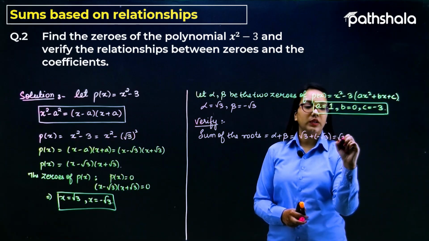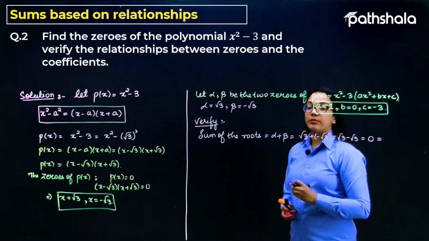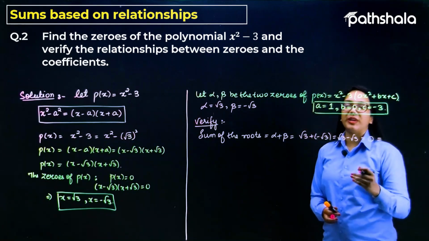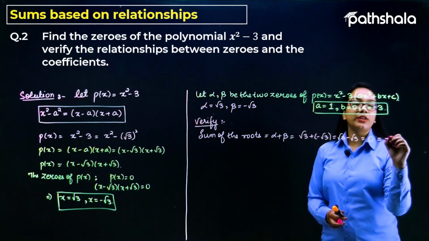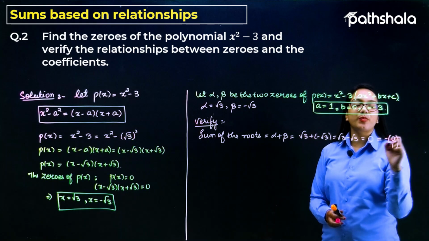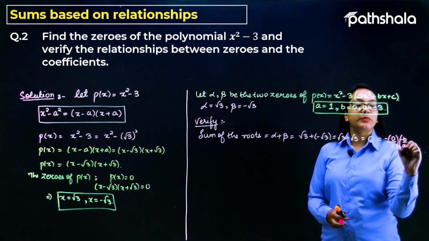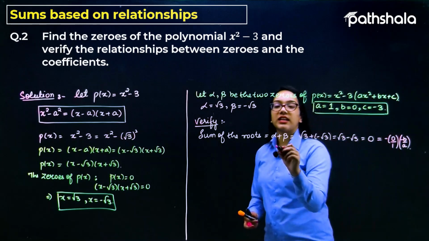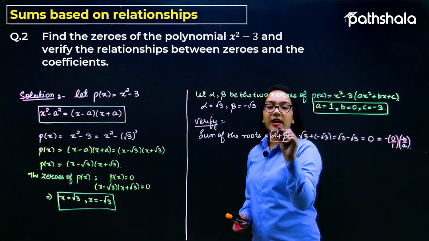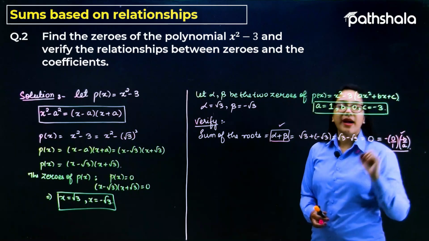So this will be root 3 minus root 3, which is equal to 0, and it can be expressed in the form of minus b by a, because we know that b is 0 and a is 1. So we can express 0 as minus 0 by 1, which is of the form minus b by a. So at the end, alpha plus beta is equal to minus b by a.